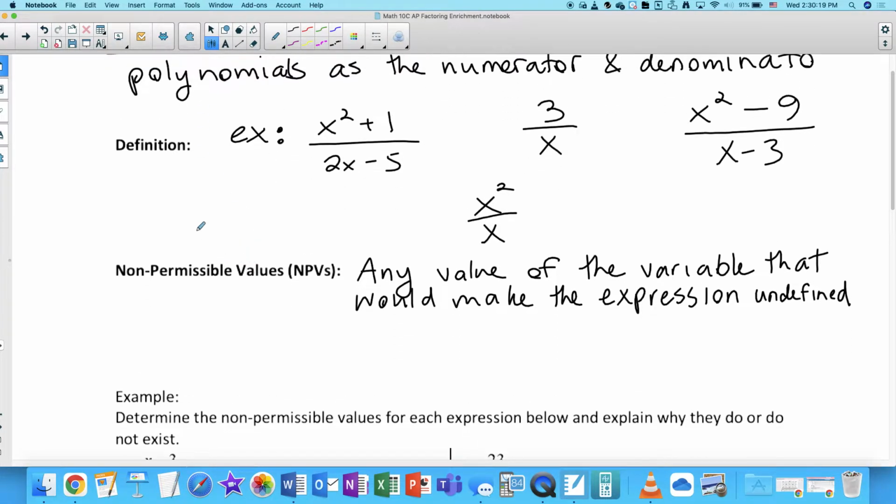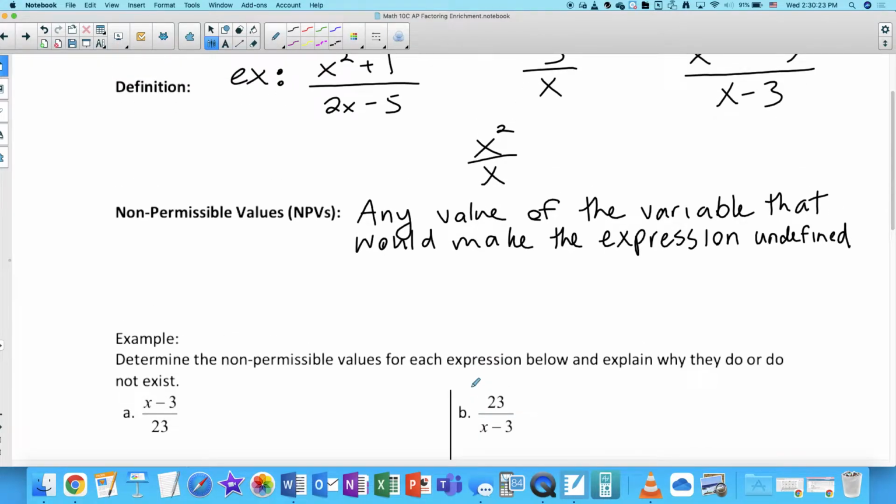OK, so let's go back to this. A non-permissible value is any value of the variable in the expression that makes the whole thing undefined. Well, that's going to happen in division when the denominator is 0.